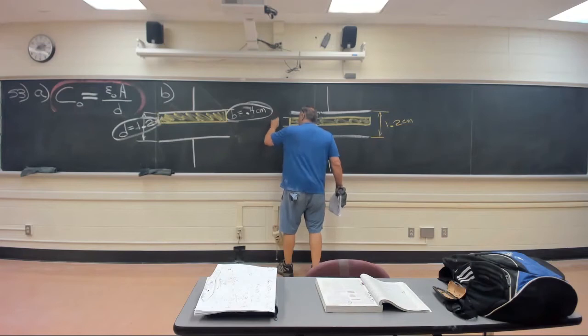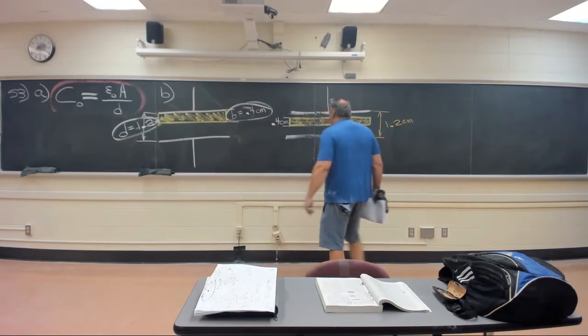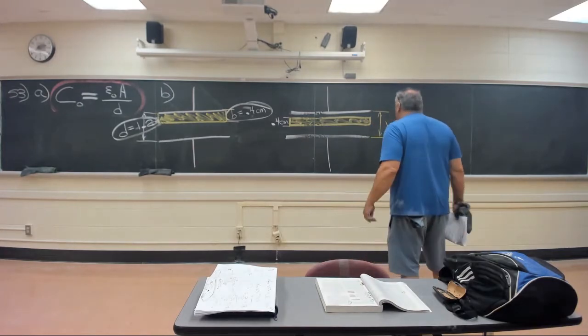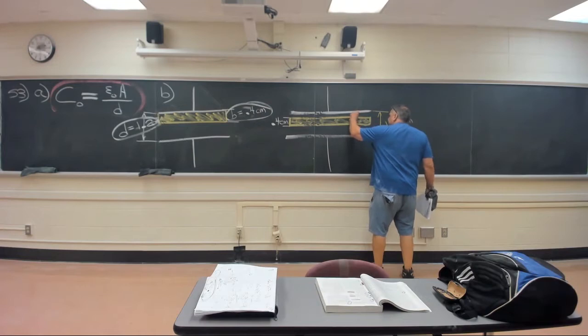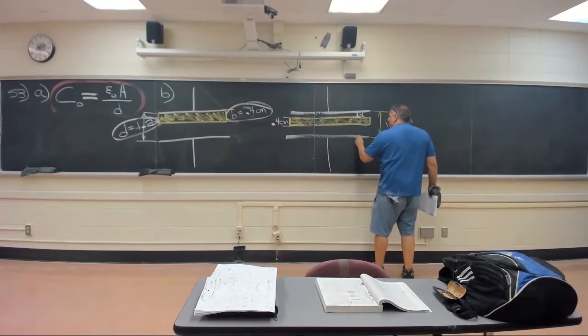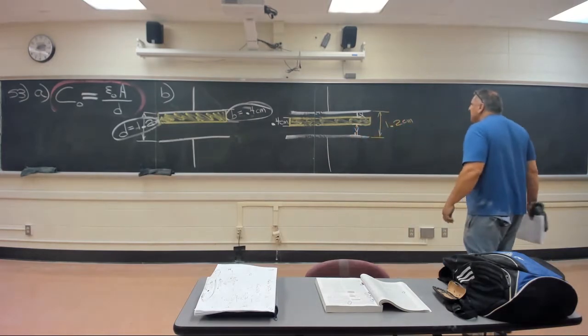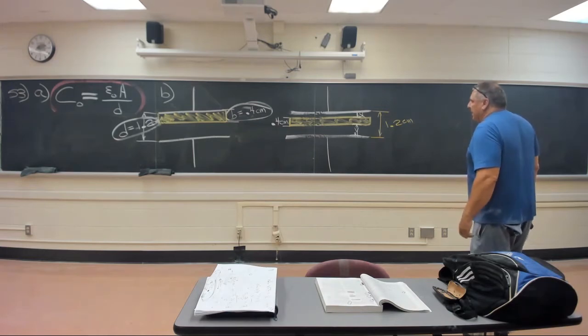This is 0.4 centimeters. What does that mean? Well, that means that this distance right here is X, and this distance right here is Y. What's going on here?